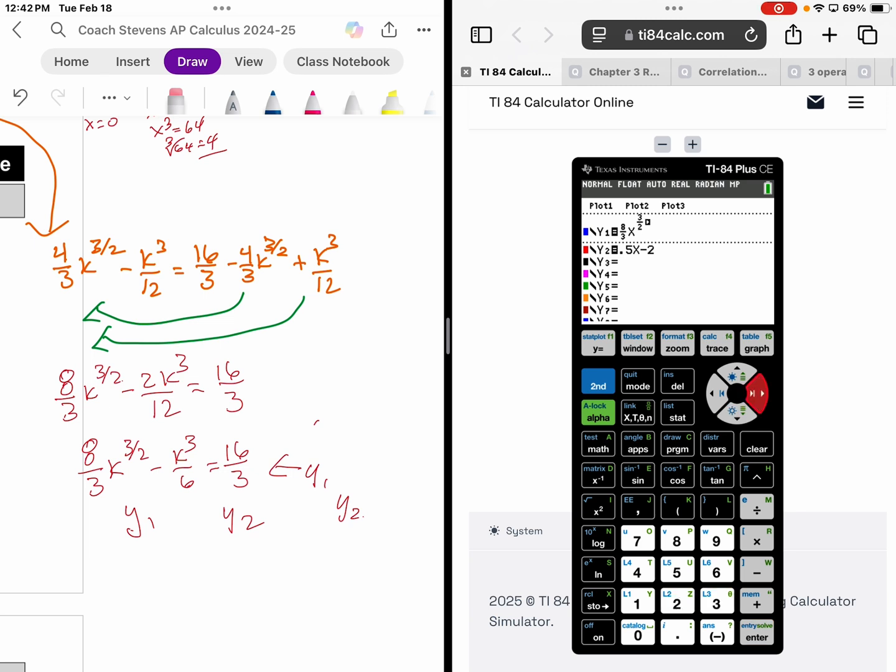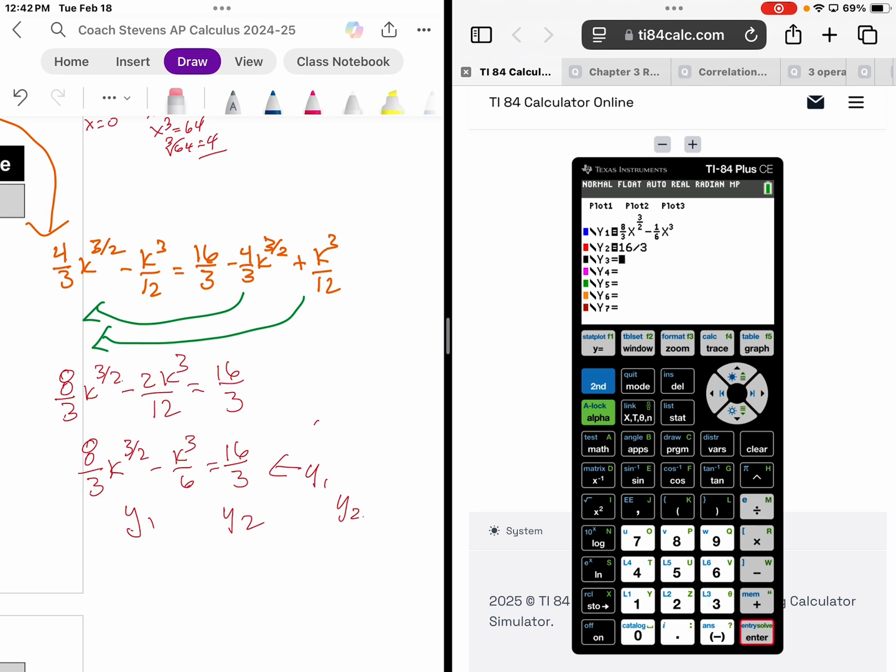Get out of the exponent location, and then I say minus, alpha, y equals 1/6, and then it's x to the third. So there's the first equation. The other thing, I just get to put in 16 divided by 3.